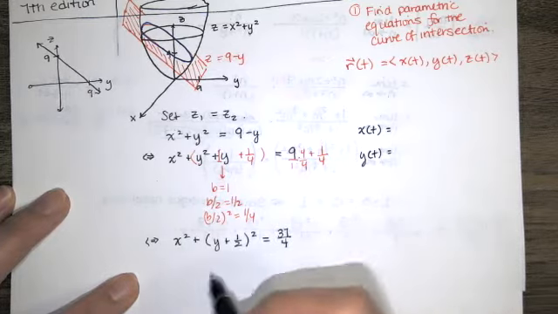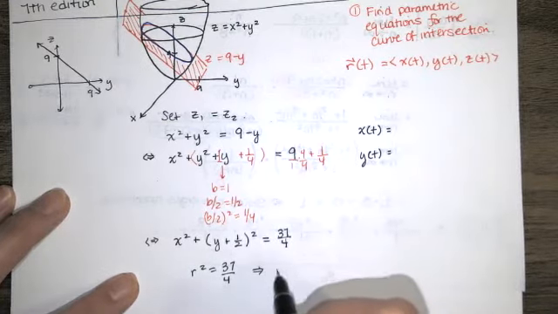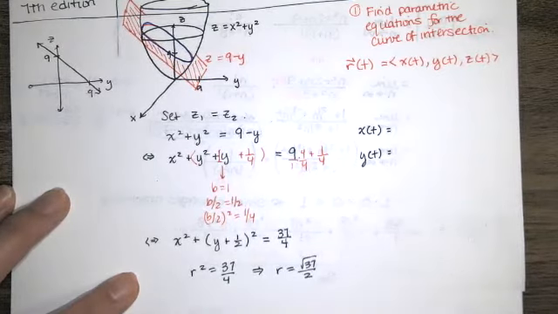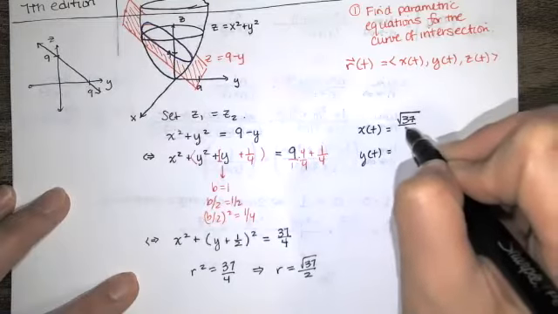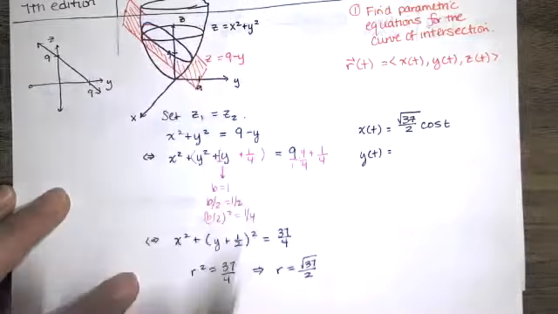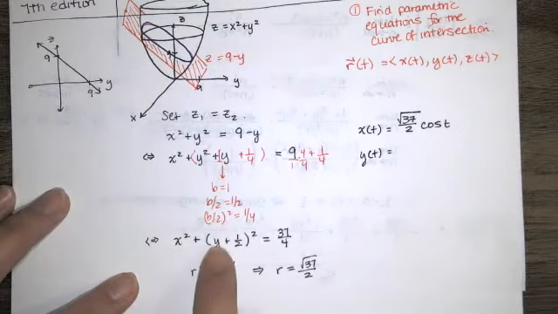And if the radius squared is 37 over 4, that means our radius must be the square root of 37 over 2. So we'll have the square root of 37 over 2 times cosine of t, and that's going to take us around this circle.